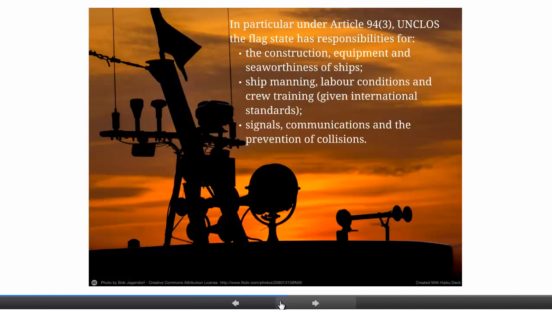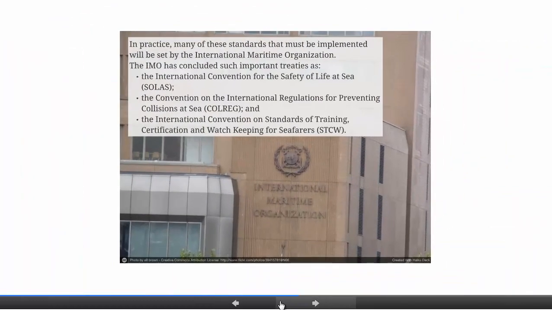So all of these are things where the flag state is expected to take responsibility. Now, provisions of the UN Convention on the Law of the Sea here refer to standards set by a competent international organisation. In almost every case, those standards are going to be set by the International Maritime Organization.